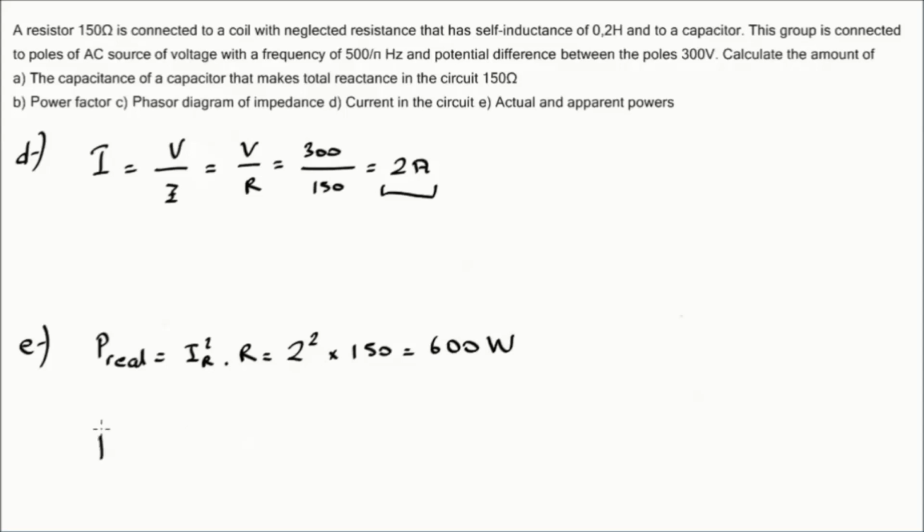And the P apparent is going to be I total times V total. I total is 2, V total is 300. It's going to be 600 volt ampere.